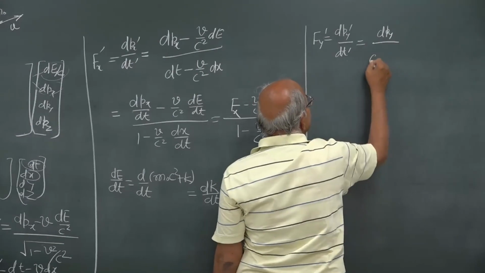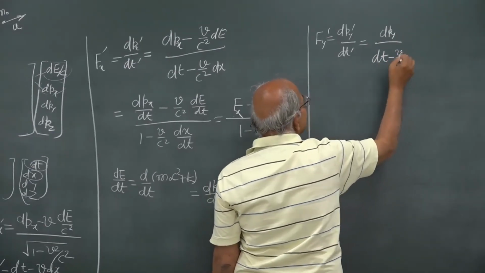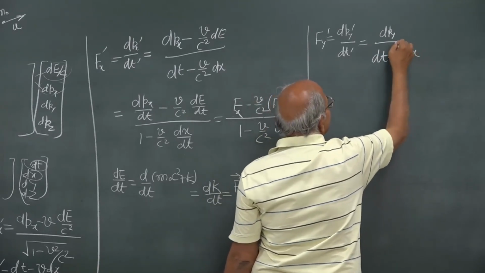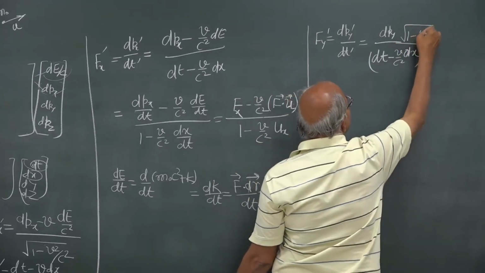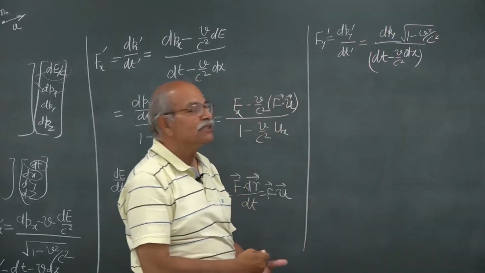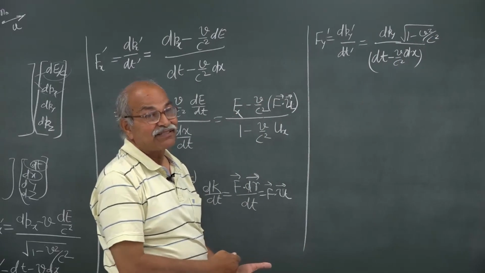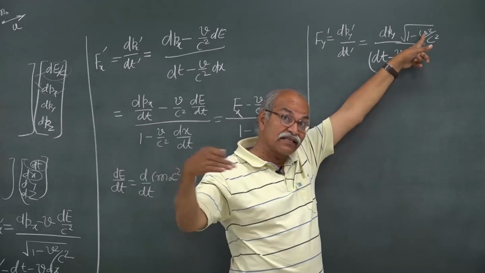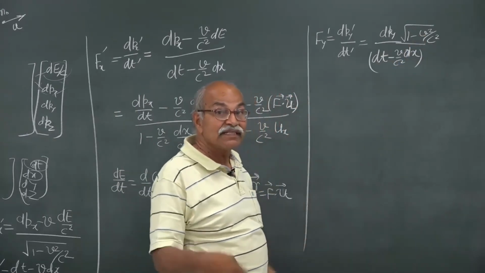And then dt prime is of course dt minus v by c square dx, divided by square root of 1 minus v square by c square. Remember, v is the frame velocity and u is the particle velocity in S frame. Make this difference. This v is the frame velocity which is coming in Lorentz transformation, and u is the particle velocity in S frame.